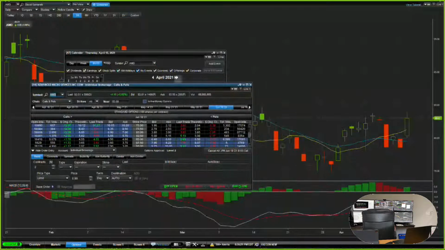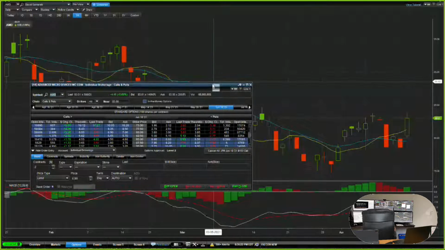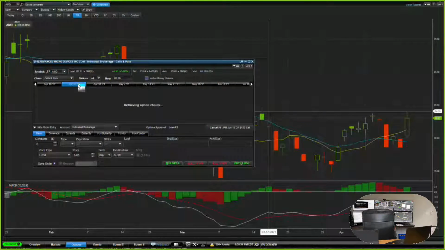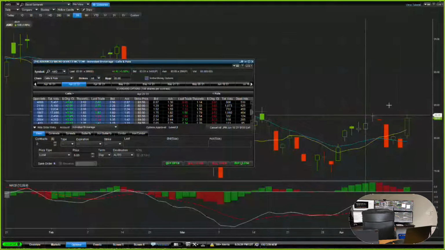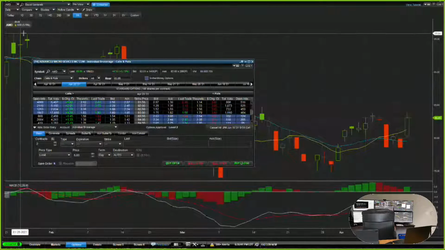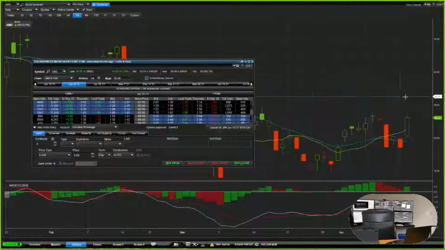I want to show you guys now what's really amazing with options. So now let's say that we get an initial move here. Let's say we get the April 23rd expiration for next week. It had almost a $5 move today, and she's still climbing here, right? Let's say she gets up to about 95.